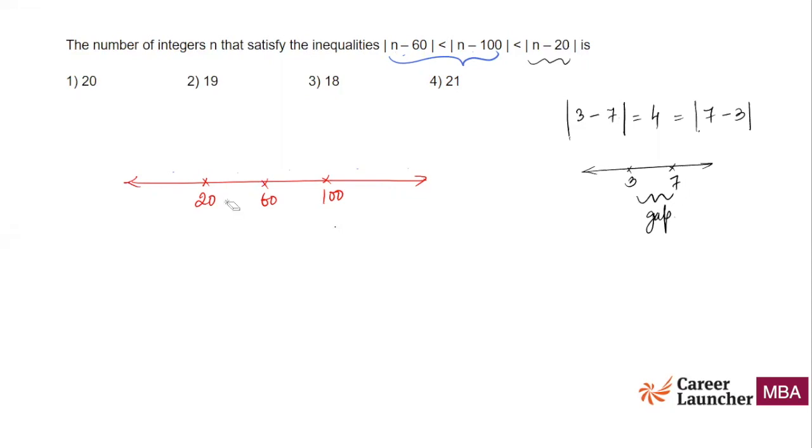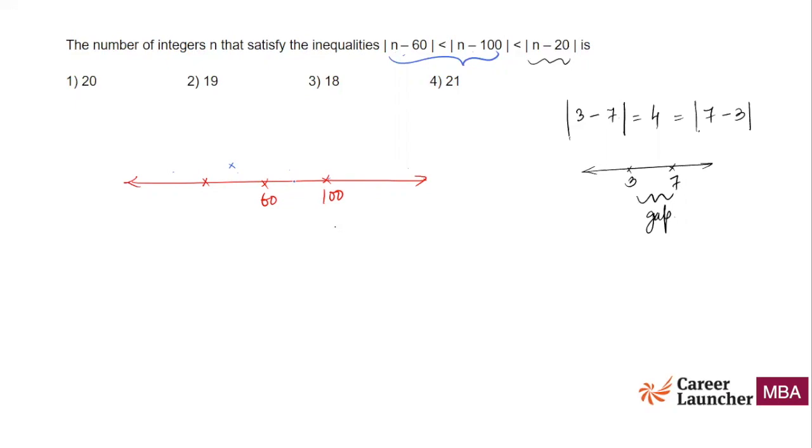If I ignore the number 20, where should n be so that n is closer to 60 but farther from 100? Can n be over here? Yes, n is closer to 60 than to 100, very much. Can n be over here? No, n is closer to 100 than to 60. It won't make sense. Can n be somewhere between 60 and 100?